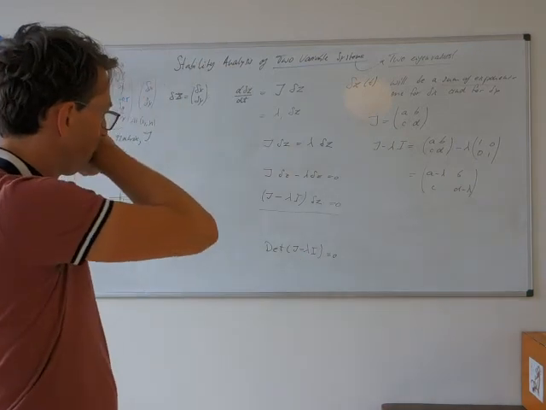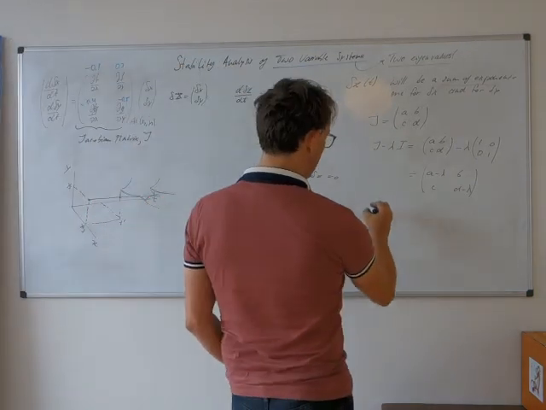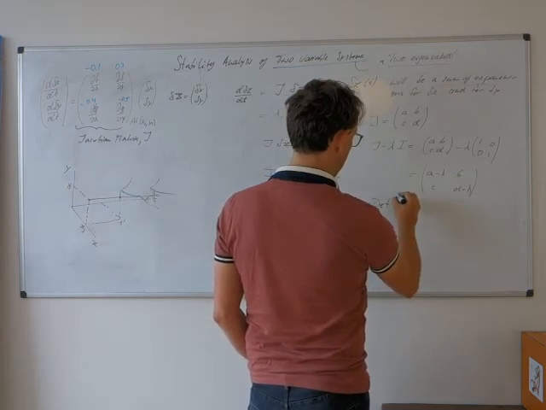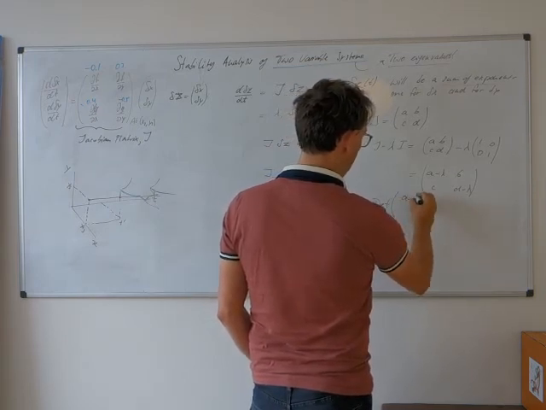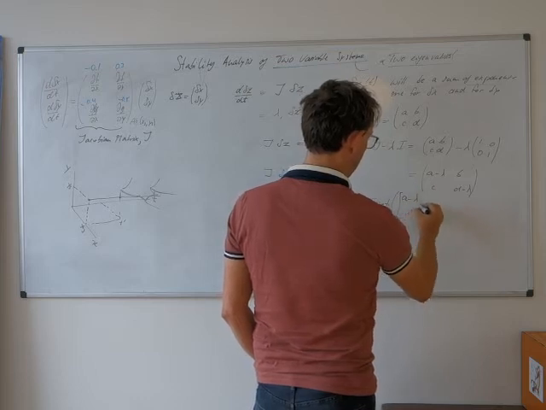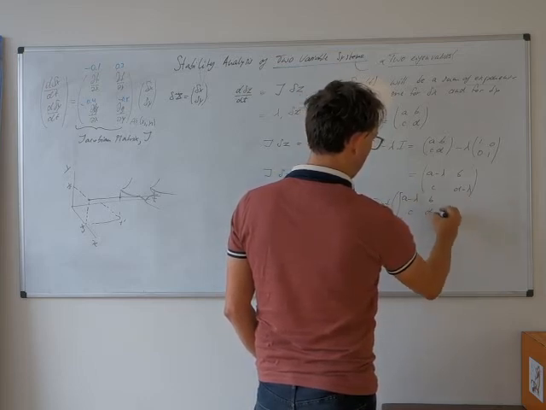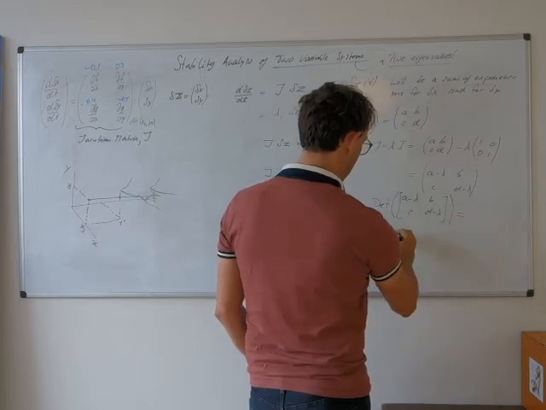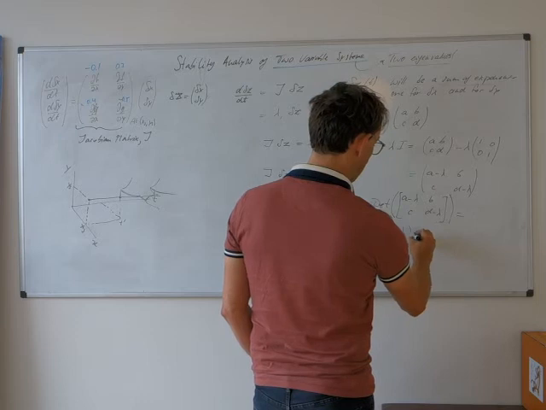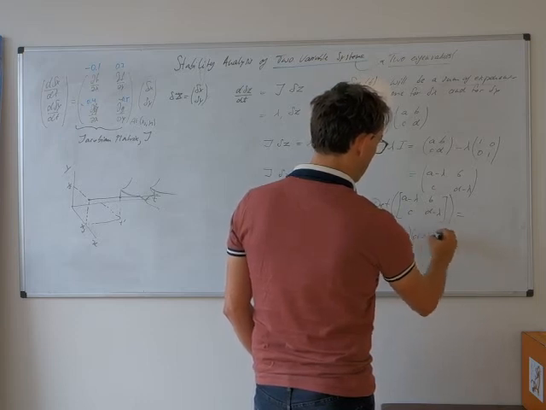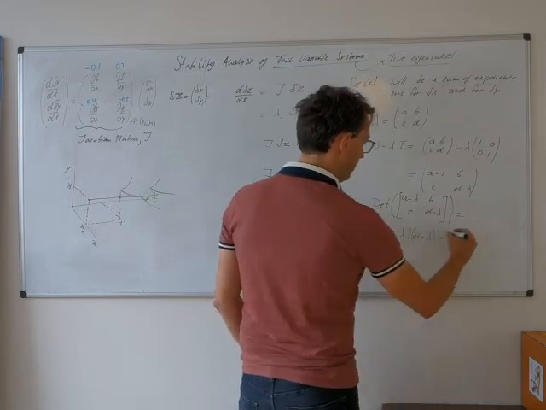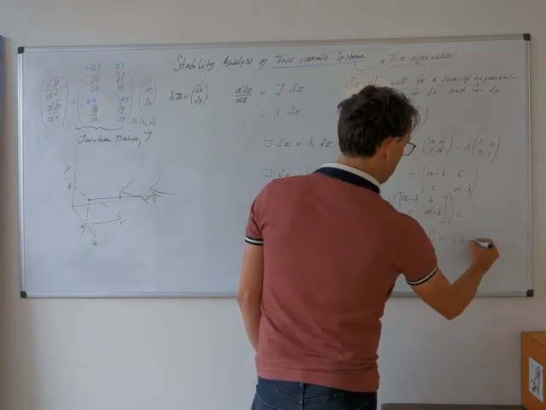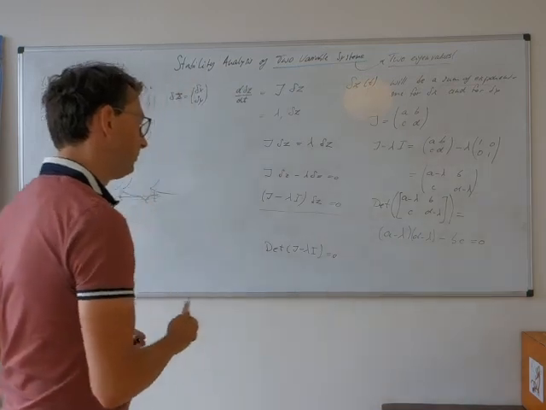Okay. And the determinant of this new matrix, you calculate with your determinant rules. Take the product of the diagonal values and you subtract the product of the off-diagonal values, right? And that then needs to be equal to 0.